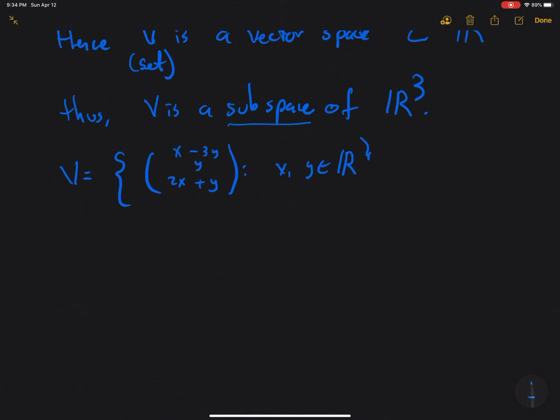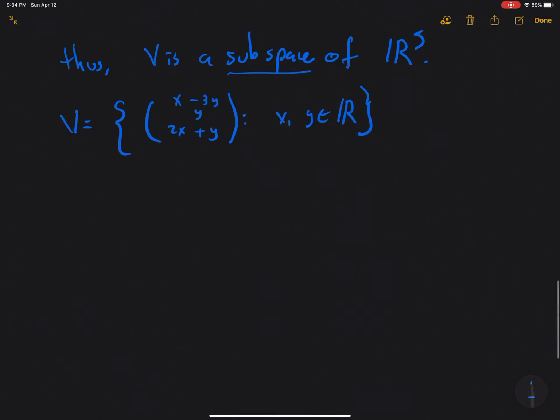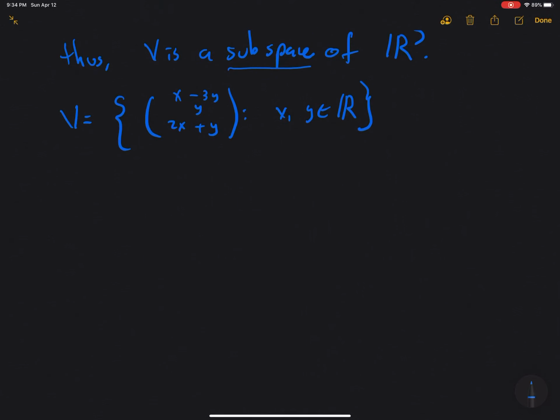So we can separate this using the properties of a vector space. Because if I have a vector B in big V that is given by x minus 3y, y, and 2x plus y, then we can separate this as follows.